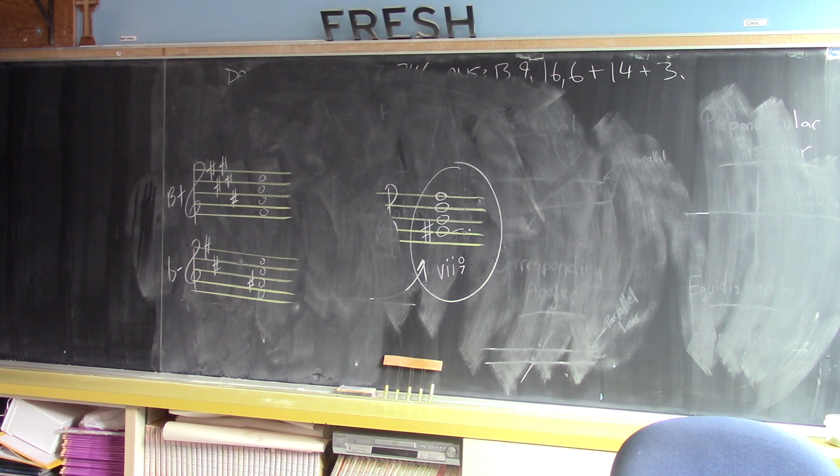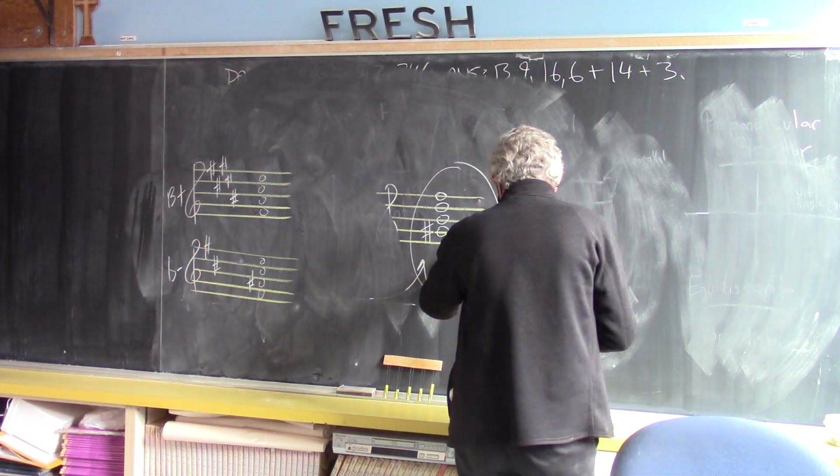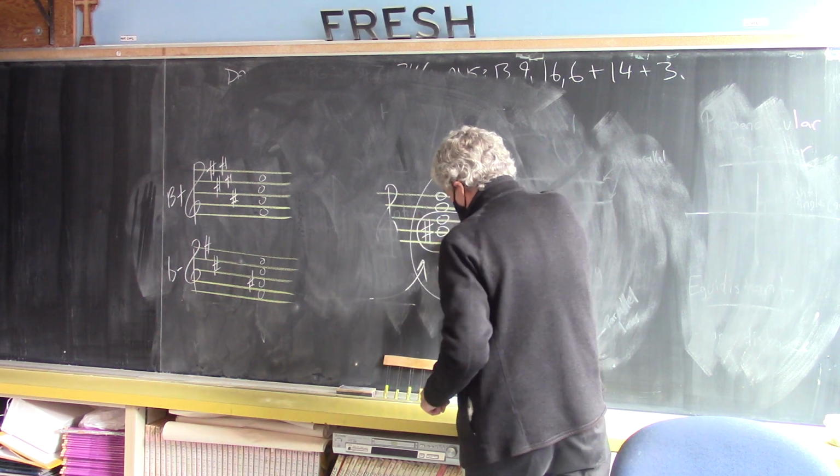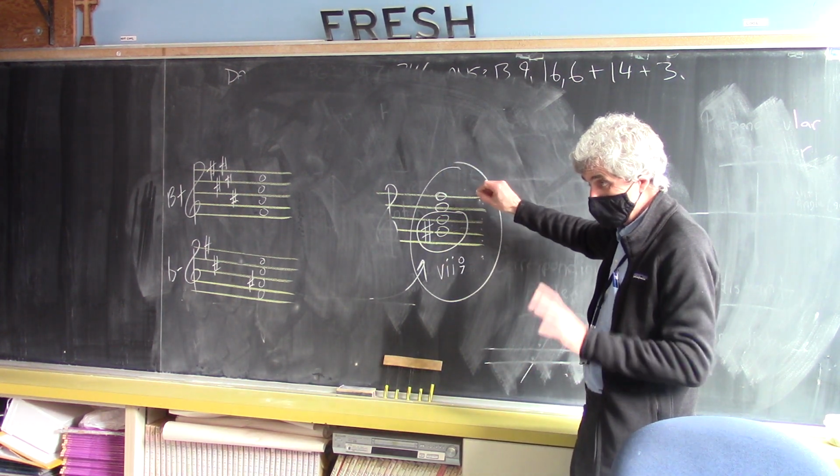So, the next one, he says, is 7 diminished 7 of G minor. Okay. So, what you do is, when you have that chord, these two guys, this you're only going to find in root position. So it's going to be fairly simple.